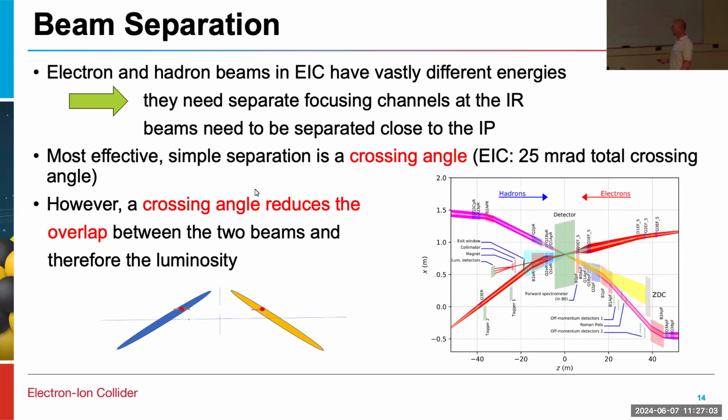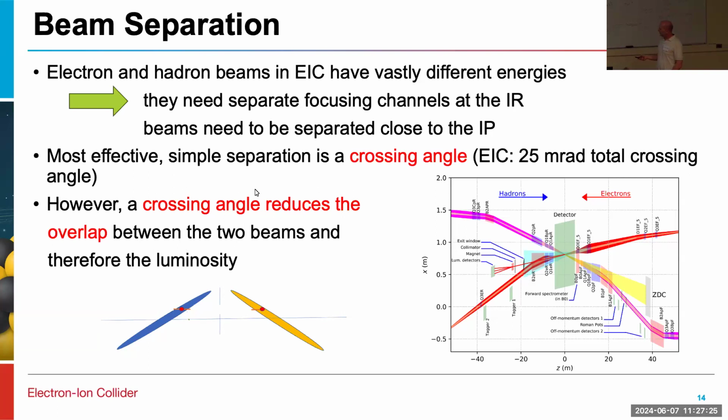The problem, of course, of the crossing angle is that it reduces the overlap between the two beams, and that reduces your luminosity. So you have these two skinny guys here. This is basically the RHIC situation. The electron beam is much shorter than a hadron beam typically, but the concept is the same.